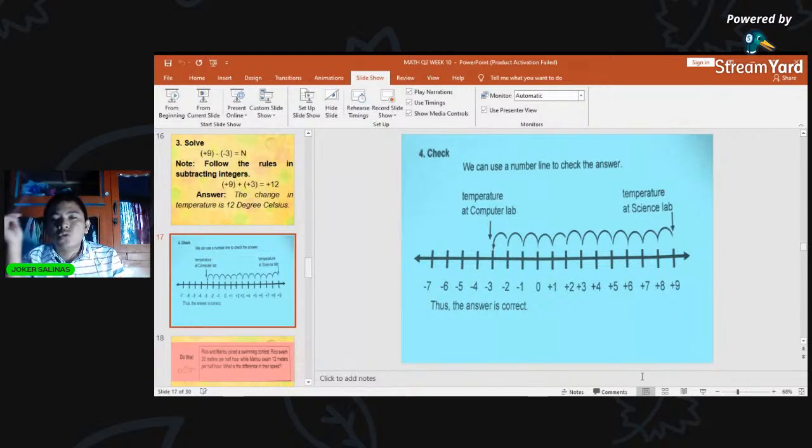If we subtract those, we count: 1, 2, 3, 4, 5, 6, 7, 8, 9, 10, 11, 12. Thus, the answer is correct. It's 12 degrees Celsius, not negative 12.